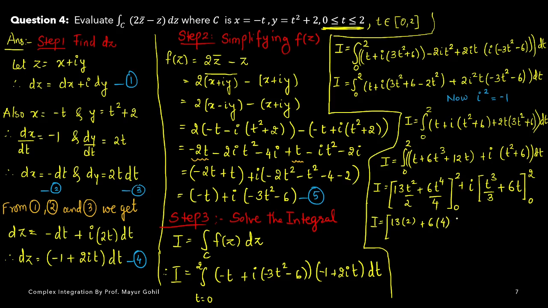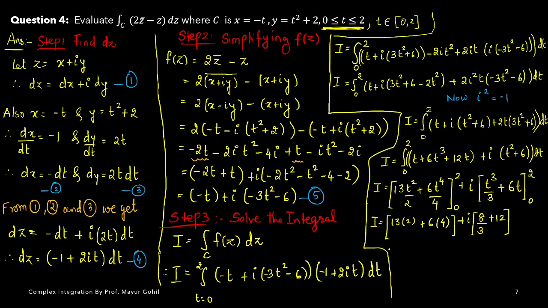Okay, right? And then for lower limit 0, nothing is going to get you answer because it's going to be 0. Plus i times, here you have 8 over 3 plus 12.